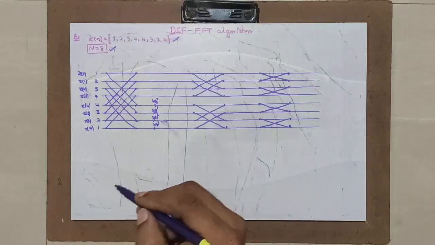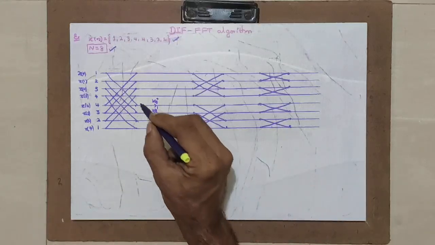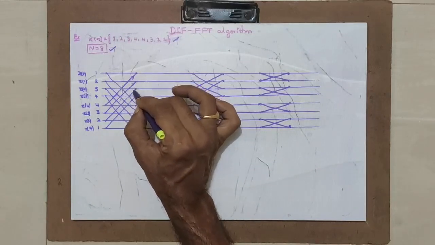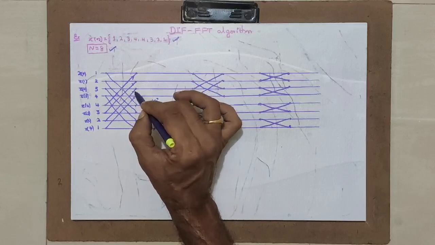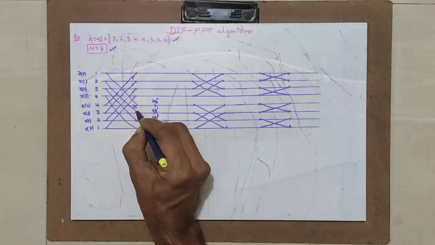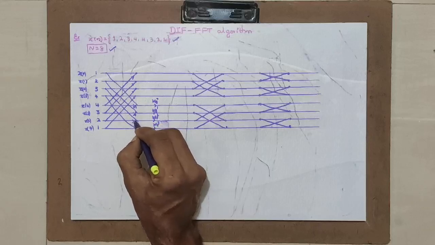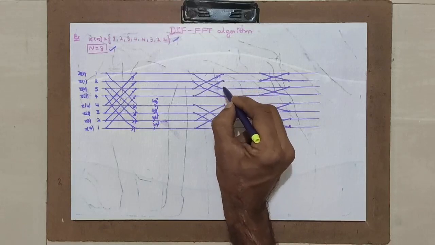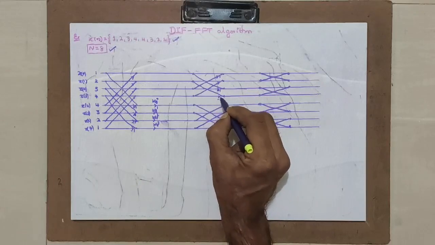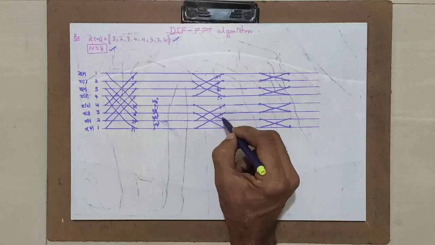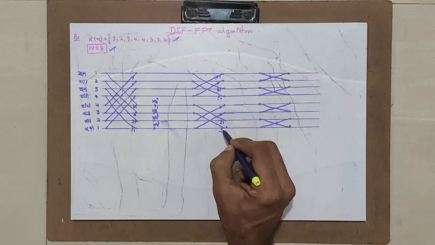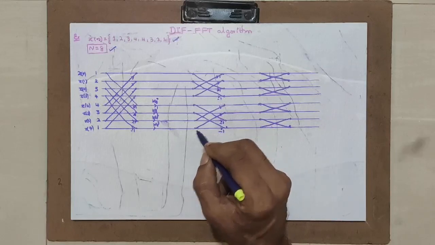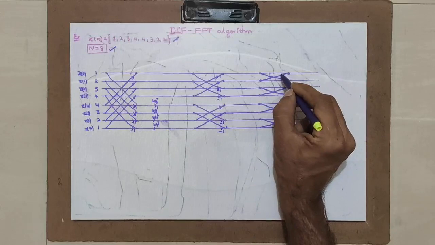Okay, I have drawn the full flow diagram. Let me show where the adding points and subtracting points are, same as the previous DIT. That's why I want you to practice DIT completely. This is the adding points. This is the -1 points, subtraction points. Adding points, subtraction points. Generally, as I told you, at subtraction points I write -1 so that I keep it in mind that I have to do that operation.